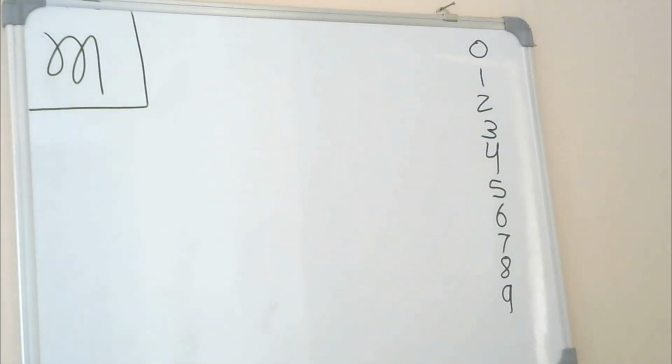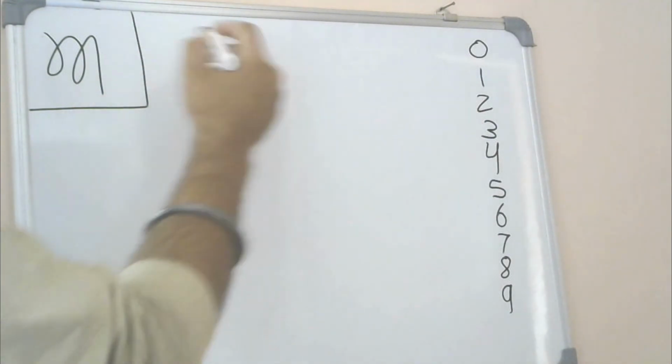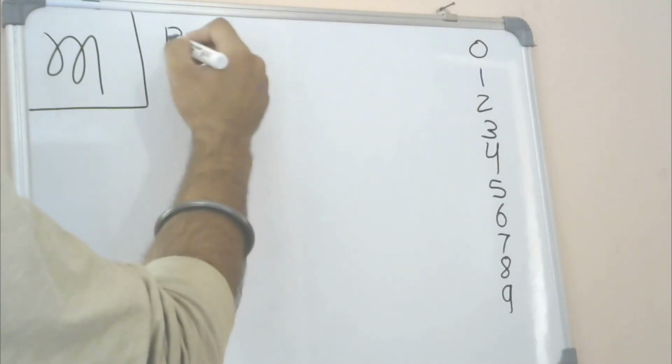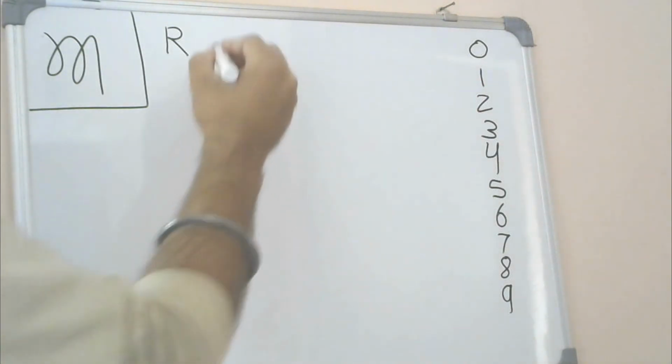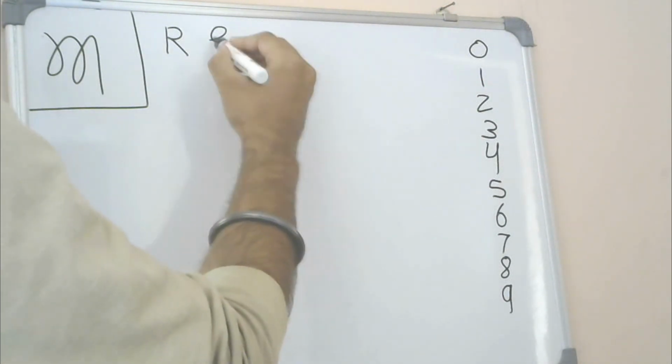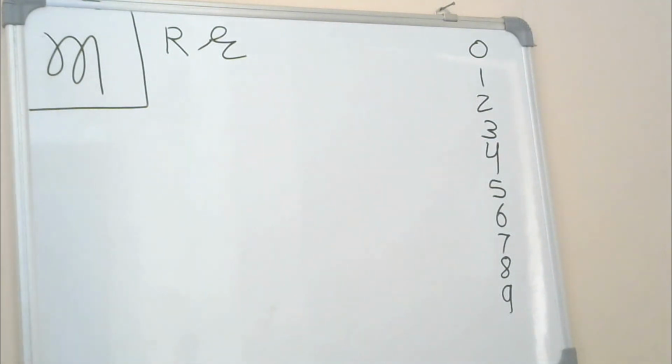First step, how to write it. There are multiple forms of R. So we are having R like this, and then we are having R like this, and there is another form of R. I don't know, I searched this thing before this session, but I did not see it on the internet.